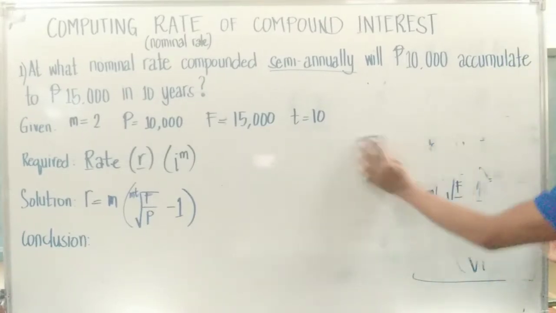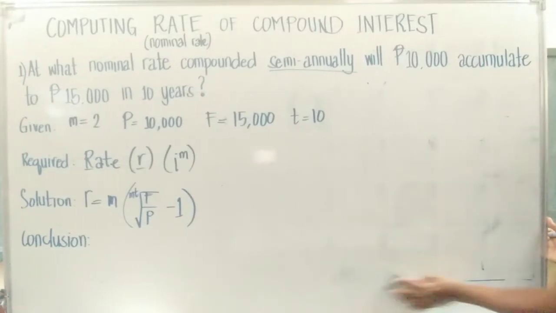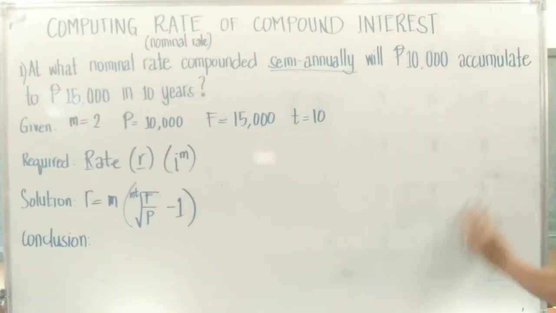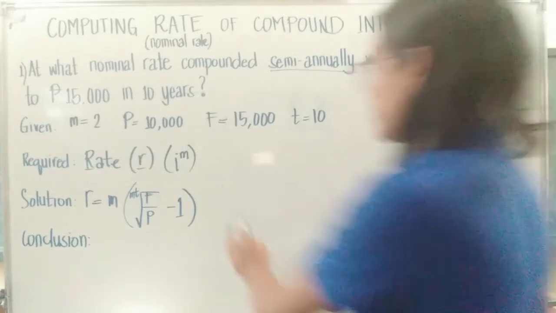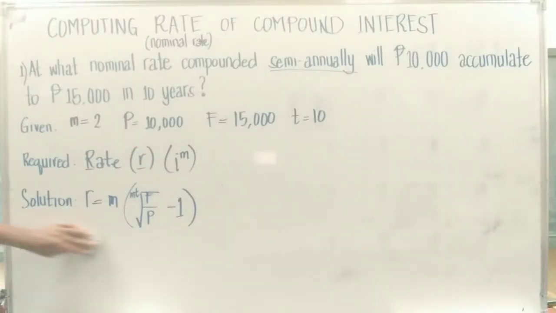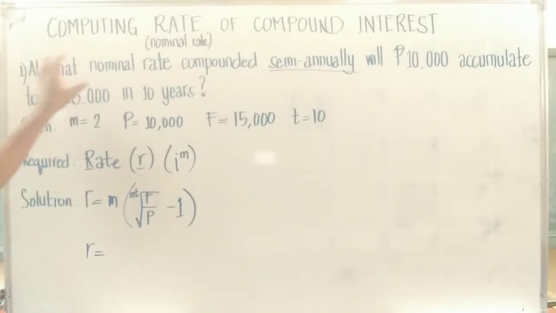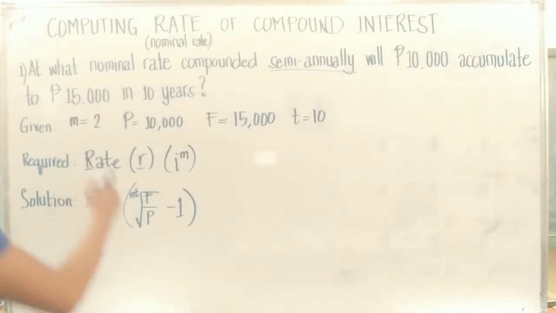Again, if you can see some errors and suggestions, you can write them in our comment section. Okay, I will erase the conclusion first. So now we have your equation in computing your rate of compound interest. So let us now proceed by substituting the given values. So m is 2.